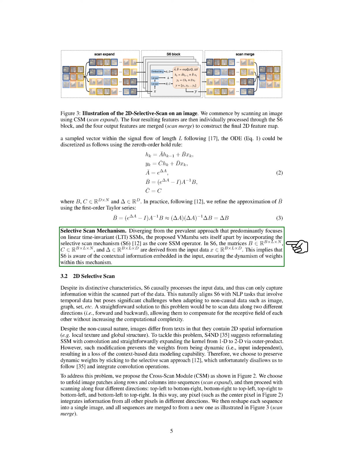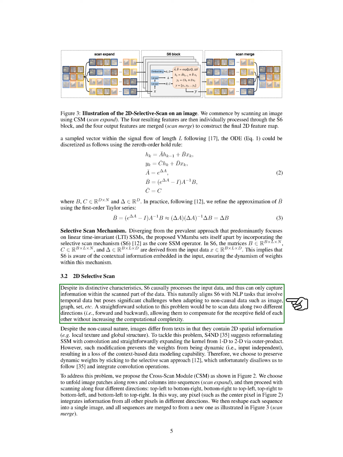Unlike most models that focus on linear time-invariant SSMs, VMamba stands out by incorporating the selective scan mechanism, also known as S6. In S6, the matrices are derived from the input data. This means that S6 is aware of the context within the input, ensuring dynamic weights within the mechanism.